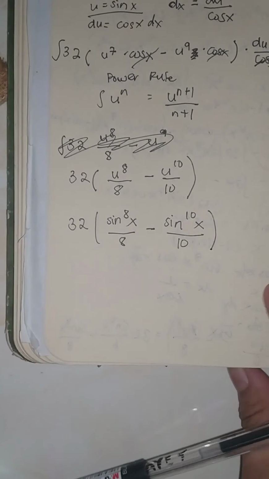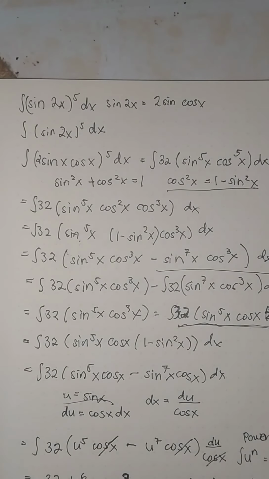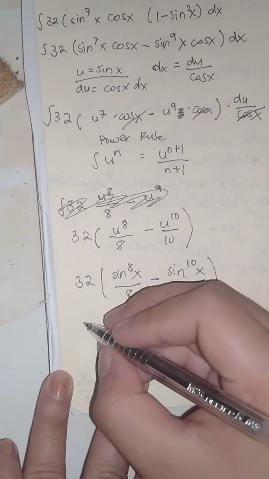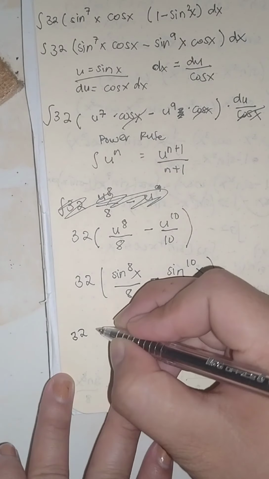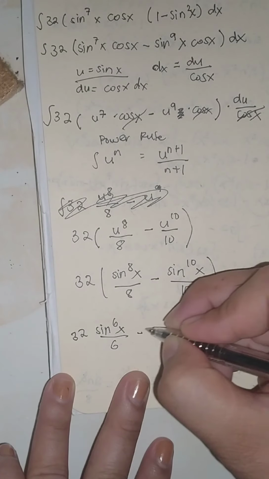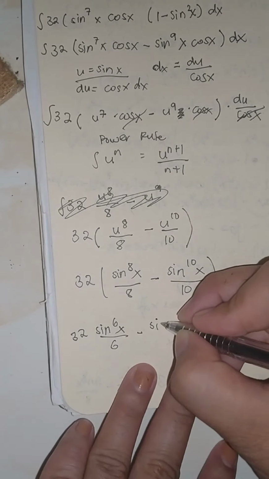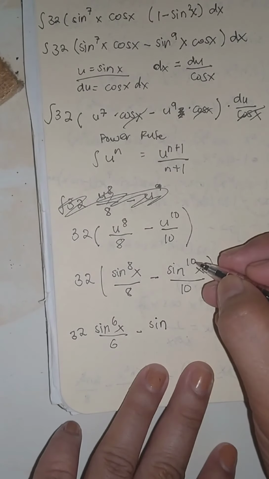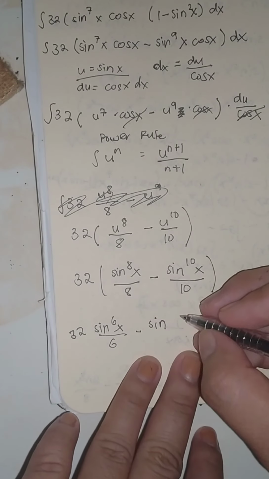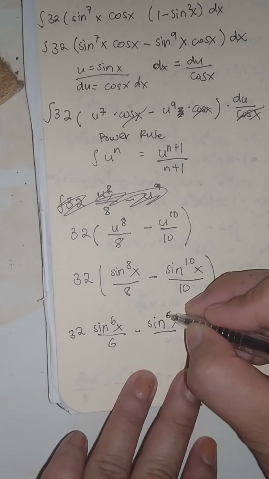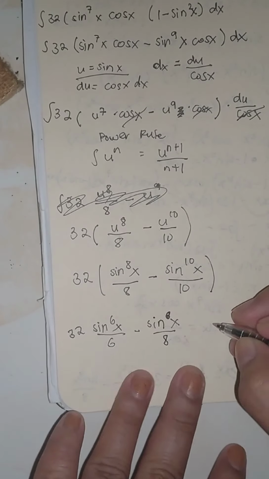So that's it. Now we will add it to the old equation. Just rewrite: in the past, we have 32 sine raised to 6 x over 6 minus sine raised to 8 x over 8.